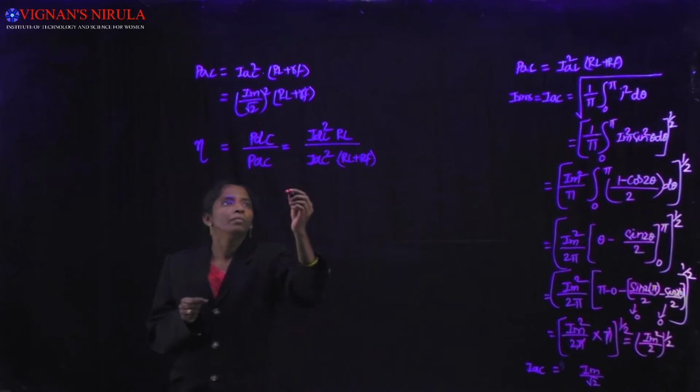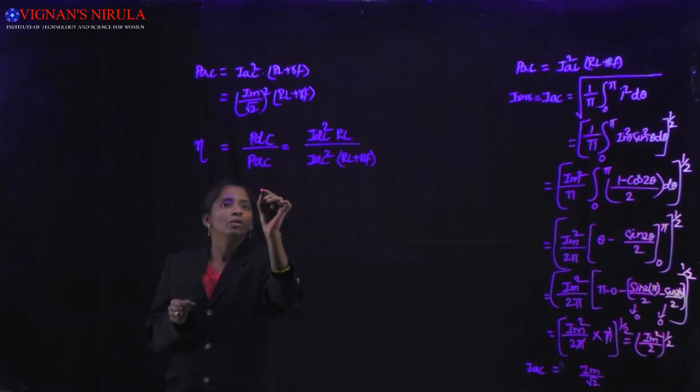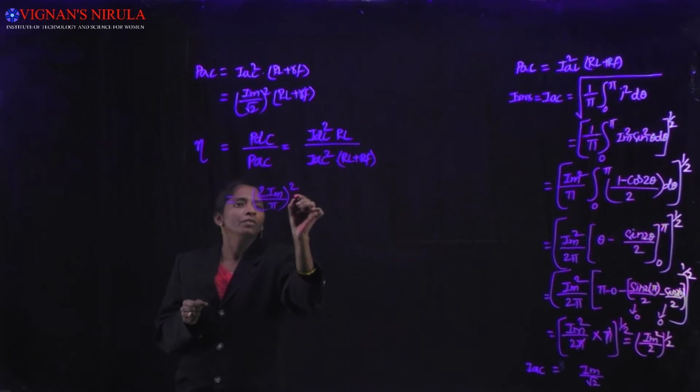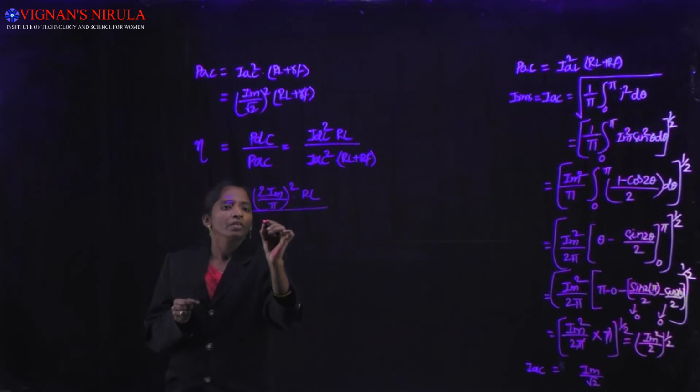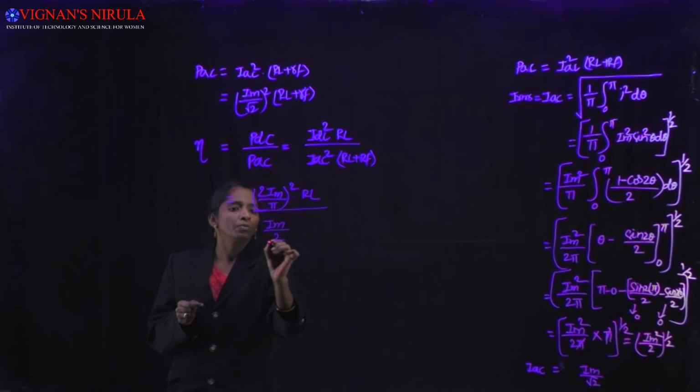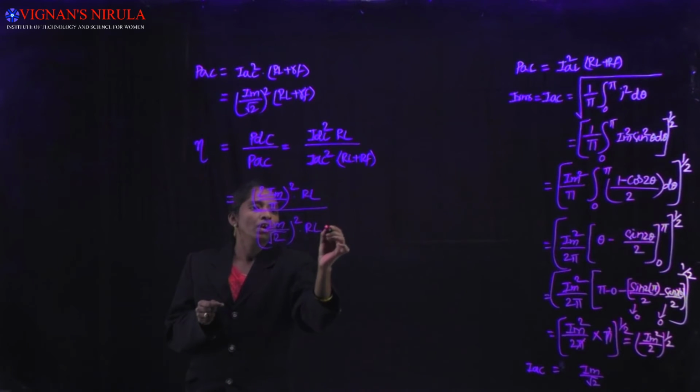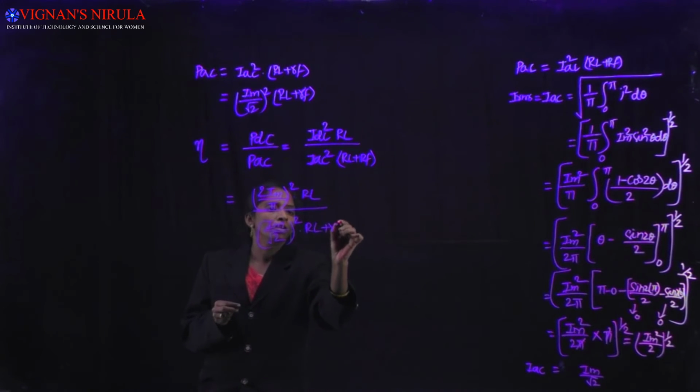So IDC is 2Im by pi whole square into RL divided by Im by root 2 whole square into RL plus RF.